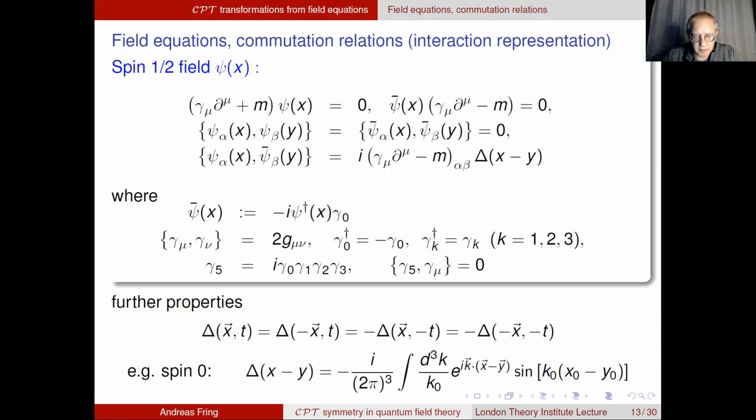So I have reflected x, and t stays the same. So it's an even function. And if I reflect time, I will pick up a minus sign. And then as a consequence, if I reflect time and space, I will pick up the minus sign here, which comes from time. And you can see this easily on this explicit form here for the spin 0 field.